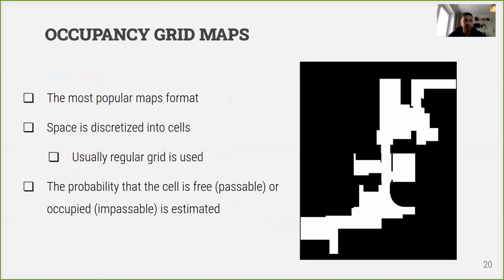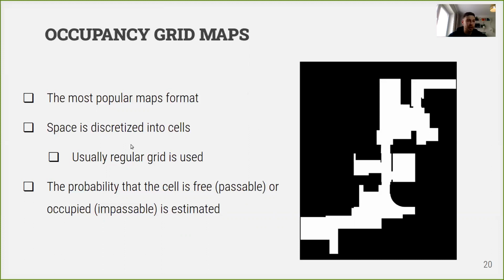So, the last type of maps we will discuss today, and we will spend more time on this because, as we said, this is the most popular representation of maps, is the occupancy grid map. This is the most popular map format. Space is discretized into cells in these types of maps, and usually we use a regular grid to discretize our world, but this is not always the case.